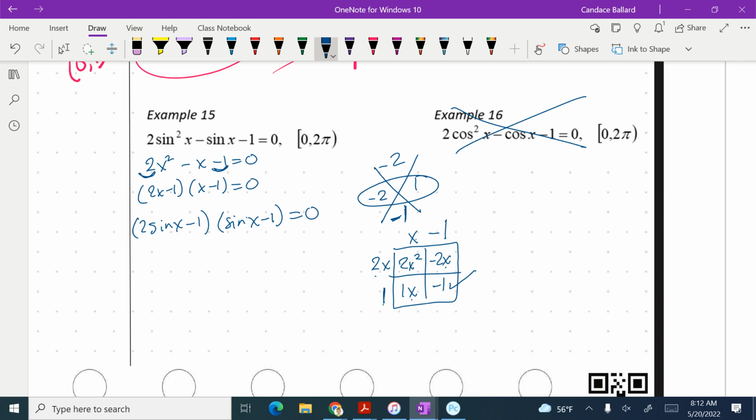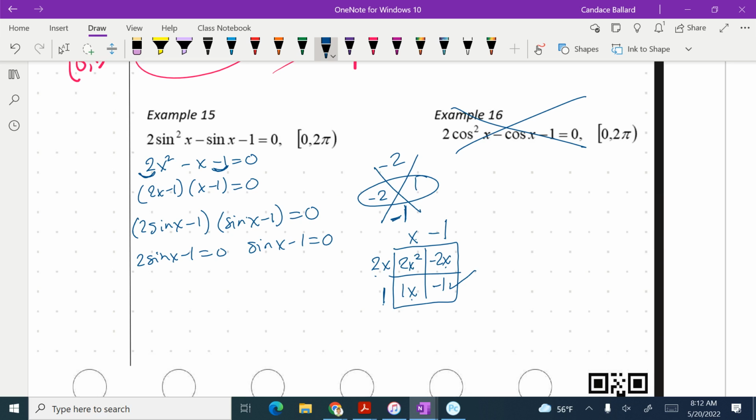Good. Zero product property, which means I'm going to split them both up and set them equal to 0. So 2 sine x minus 1 equals 0 and sine x minus 1 equals 0.